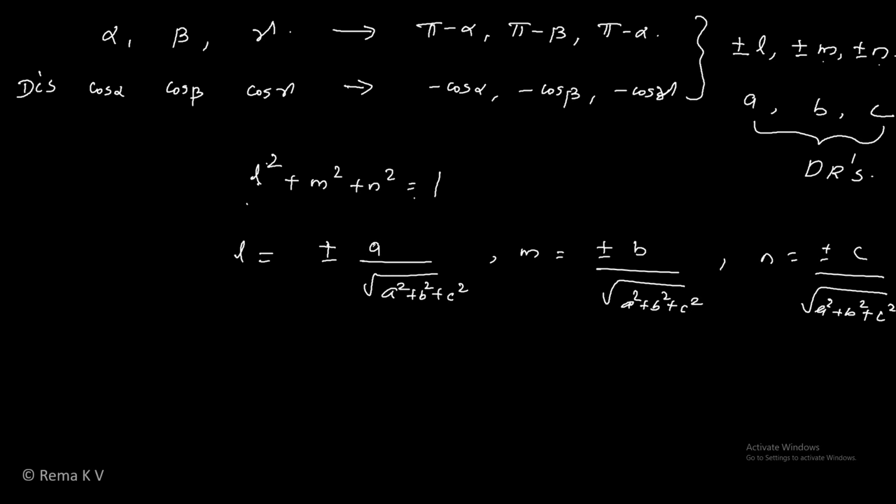See here, A, B and C are the direction ratios. L, M and N are the direction cosines. These three are the direction cosines, and here A, B and C are the direction ratios. Always remember this.